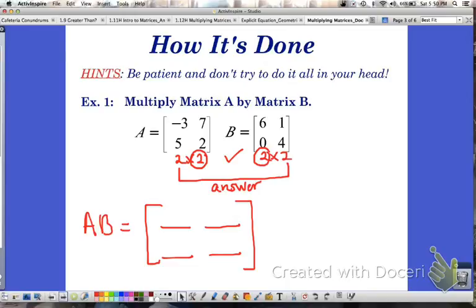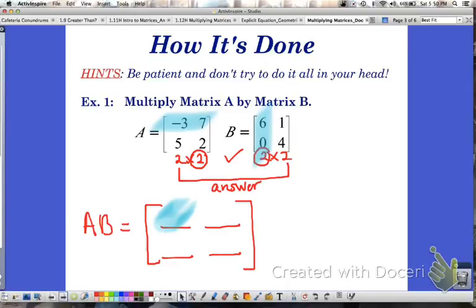On the first page, I said that you were going to take each row of the first matrix and multiply it by each column of the second matrix, and then add the products together. So row 1 of matrix A is going to get multiplied by column 1 of matrix B, and the answer is going to go in this space right here.